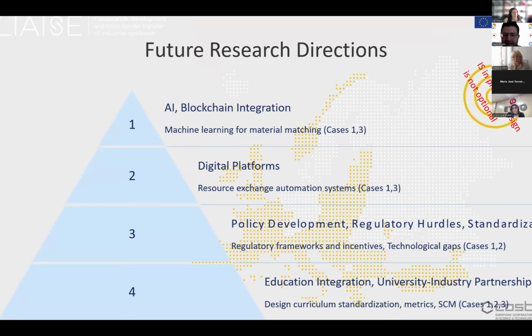And finally, because education is the basis of everything, the education integration and the university-industry partnership that has shown to be disconnected between the two worlds, according to this literature review and the real case studies, with design initiatives for design curriculum standardization, metrics, supply chain management research involving university with algorithms together with the industry in all of the three cases.